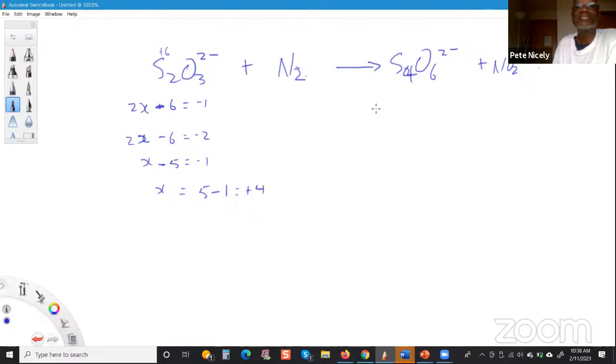In this case, it's 4x minus 12 equals to minus 2. X minus 6 equals to minus 1. So x will be equal to minus 1 plus 6 equals to plus 5.